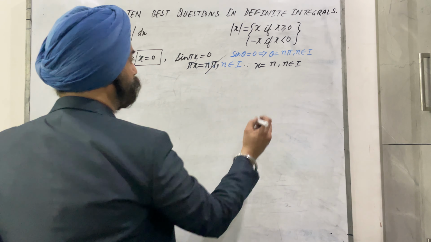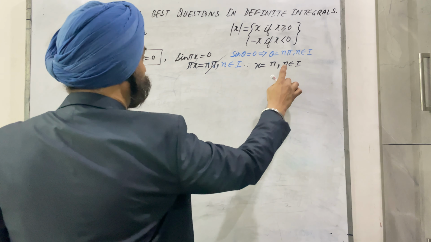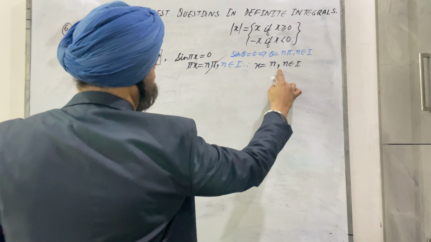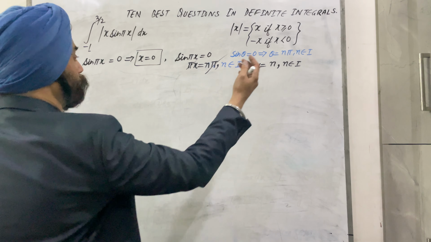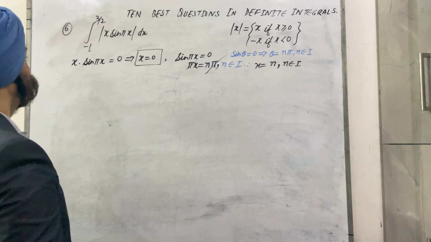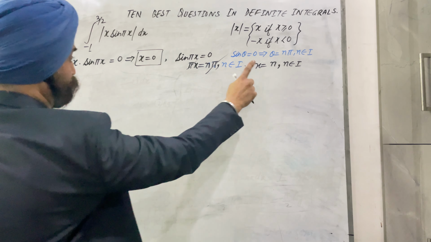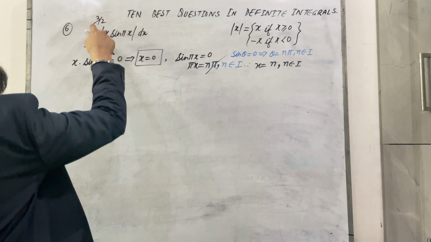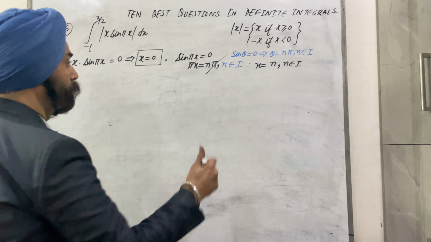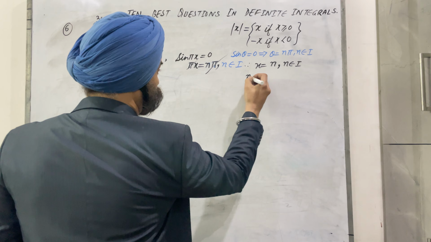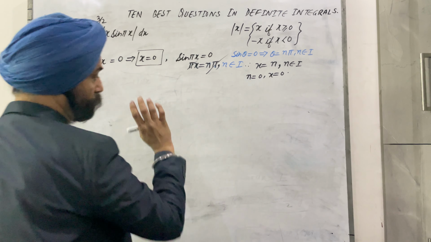Now what do we need to do with this x equal to n? I will start giving n values of my choice, and corresponding values of x will be obtained, and I have to pick those values of x which lie between -1 and 3/2, right? So n equal to 0 gives us x equal to 0, and we already have taken x equal to 0.